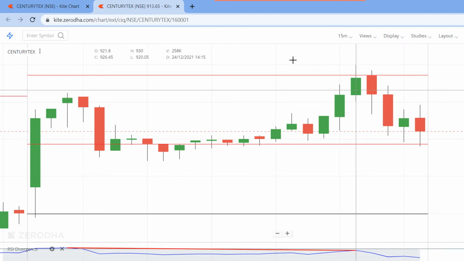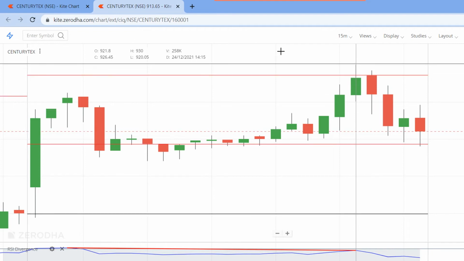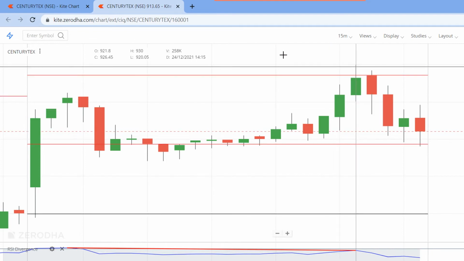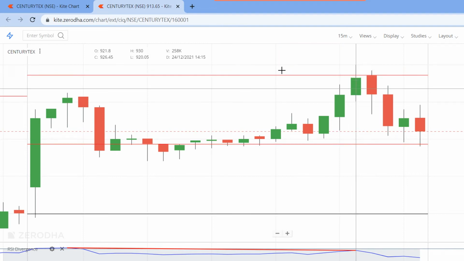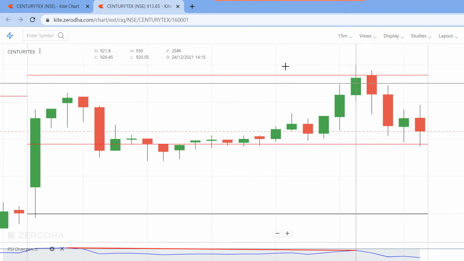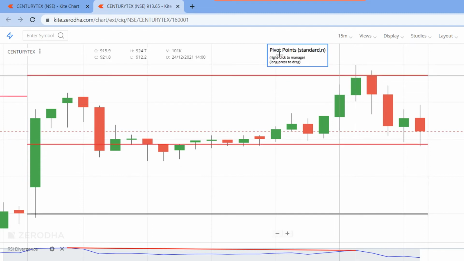The second condition is where the divergence is happening, the stock should have made a high near the resistance. It can be resistance 1, resistance 2, or resistance 3, and there is a wick formation at the resistance. So these are the two primary entry criteria. You have to wait for this candle to close.